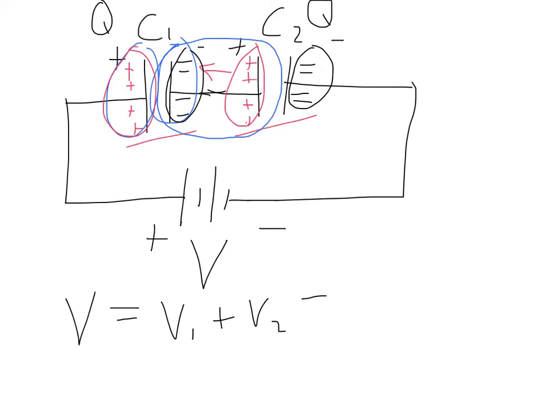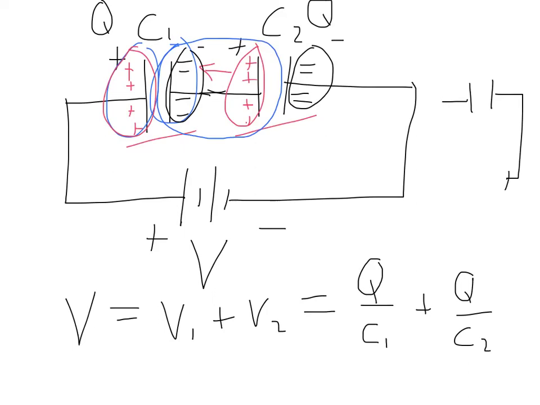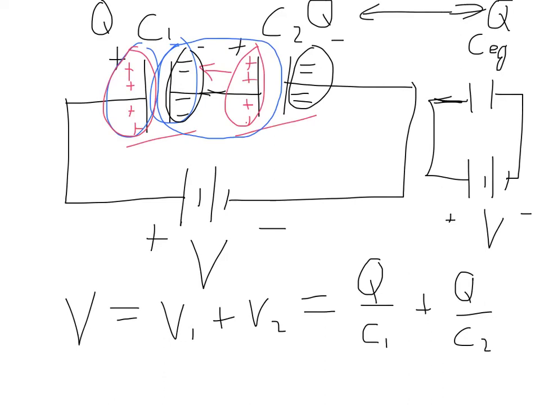So this here becomes equal to, so V1 I can say is Q over C1 plus Q over C2, where the Q on each capacitor is going to be the same thing as if there were just a single capacitor here. And I replaced this circuit over here with just a single capacitor. It's going to have voltage here, V, and a charge here, Q, where this Q is going to be the same size as these Q's.